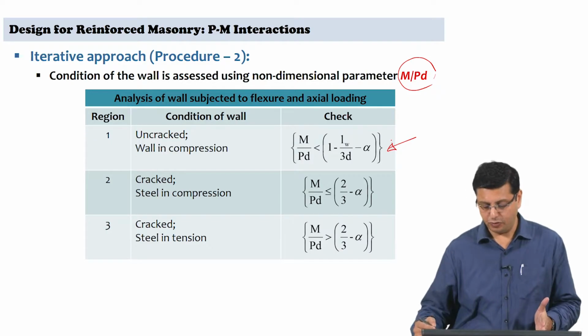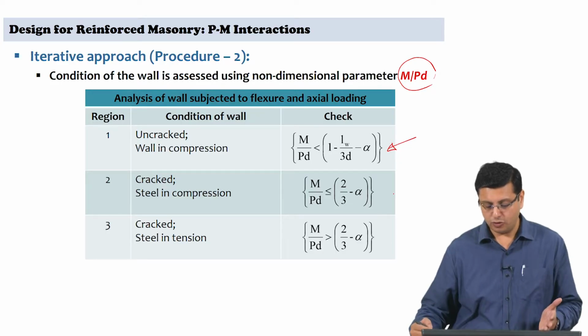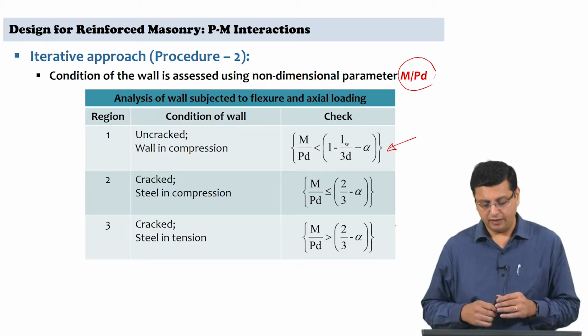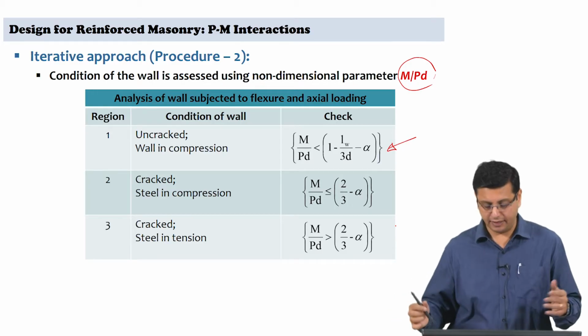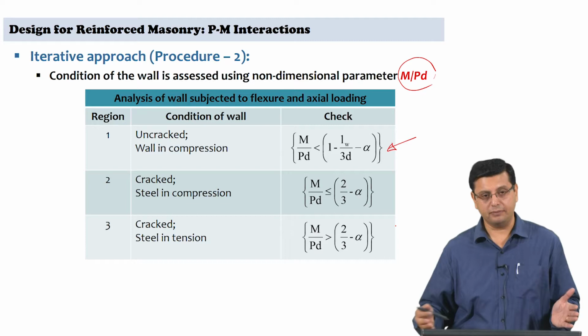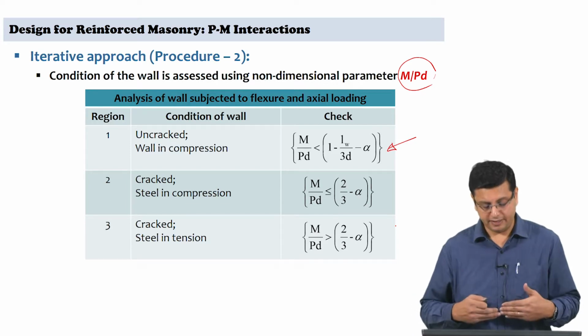In case you then make this estimate of 2 by 3 minus alpha for the state of forces and resultants in the wall, if M by PD is less than 2 by 3 minus alpha, then steel is also in compression.